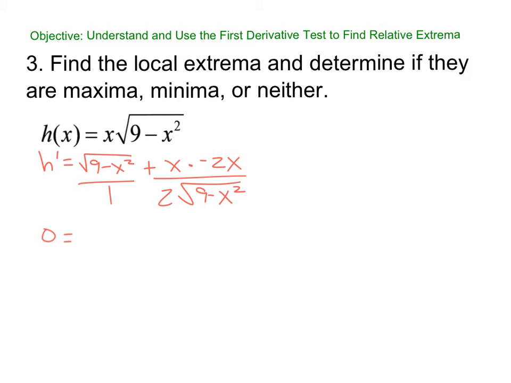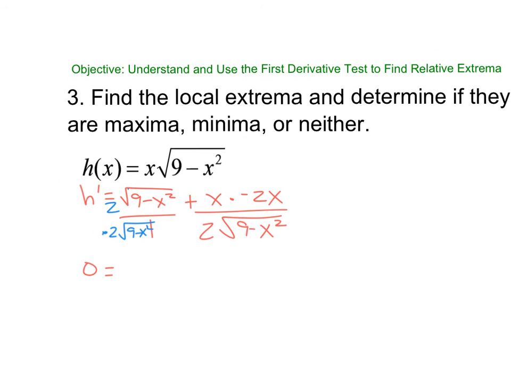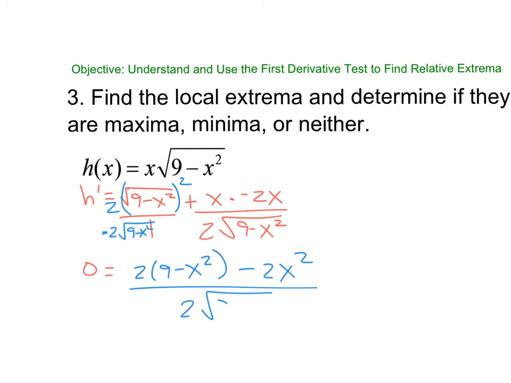So I need a common denominator, so this is going to be times 2 square root of 9 minus x squared. So 2, oops, that ends up getting squared. So I get 2 times (9 minus x squared) on top, minus 2x squared, all over 2 square root of 9 minus x squared.